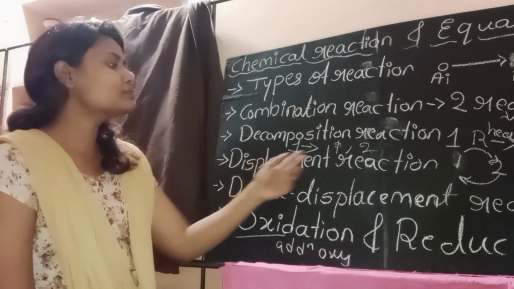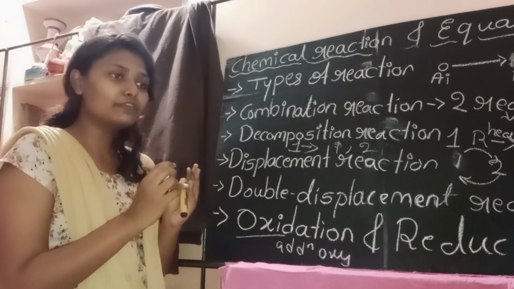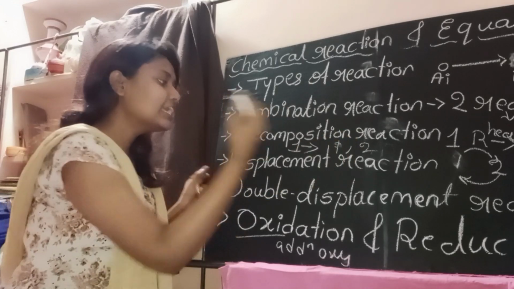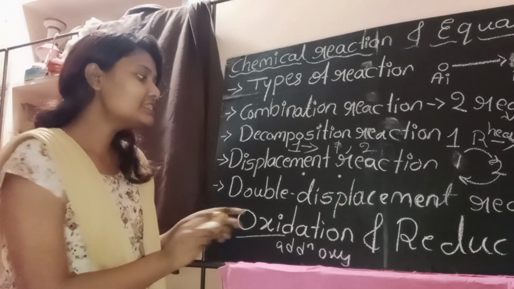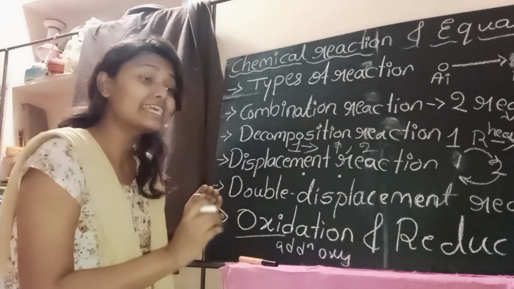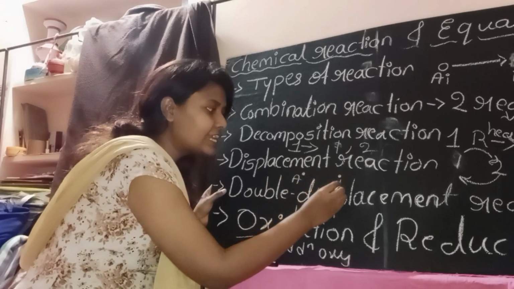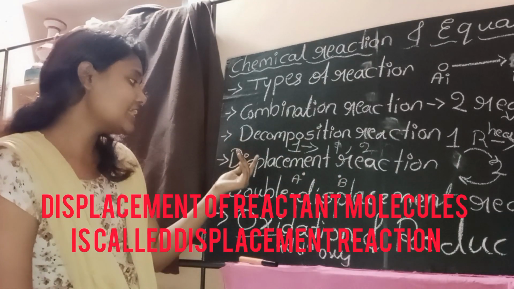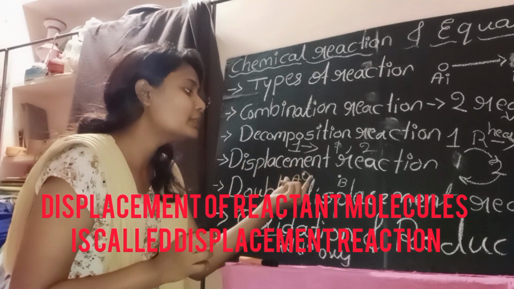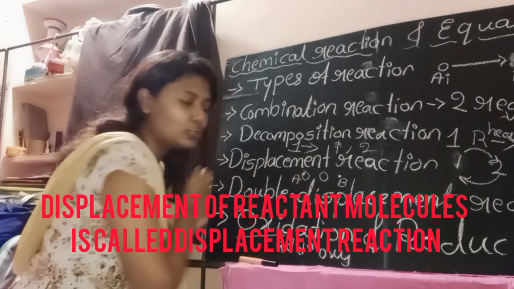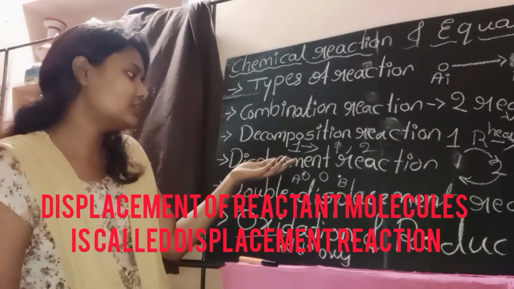Then we have the displacement reaction. Let us assume that a person is moving from point A to point B. We will say that the person is changing his position from A to B. In the same way, if a molecule changes its place from an initial molecule to another molecule, such a reaction we call a displacement reaction.